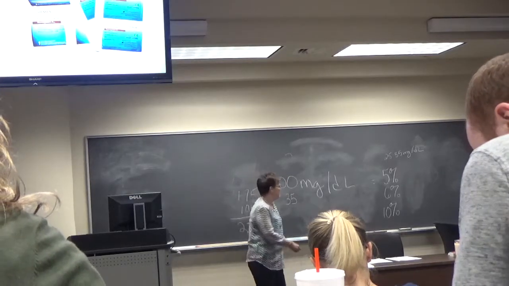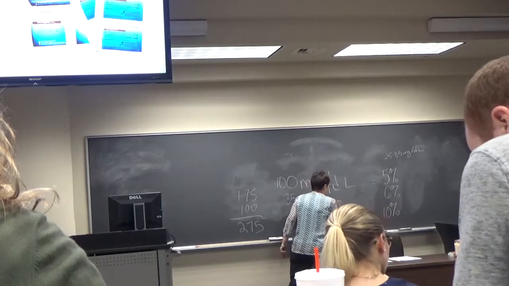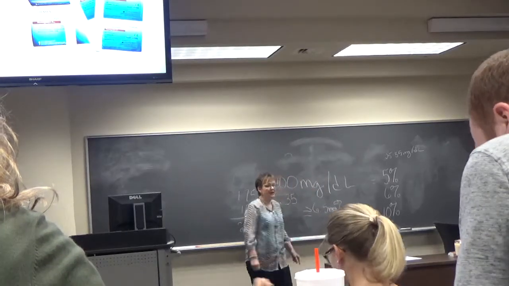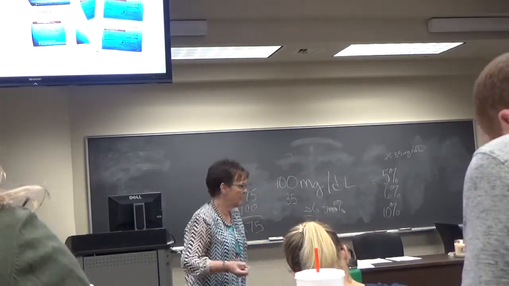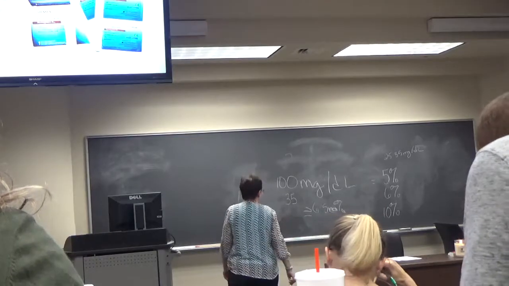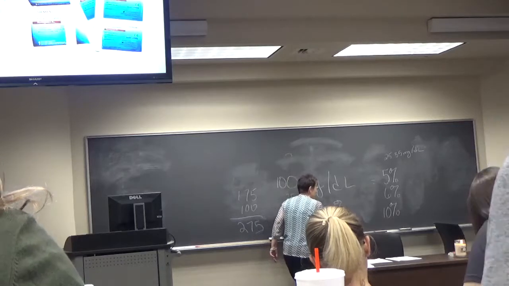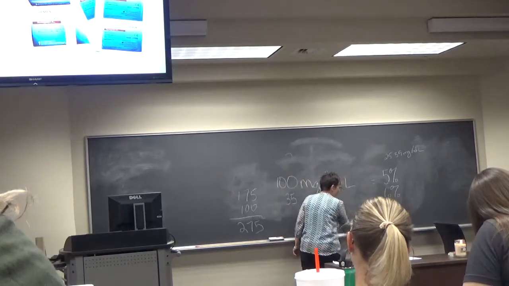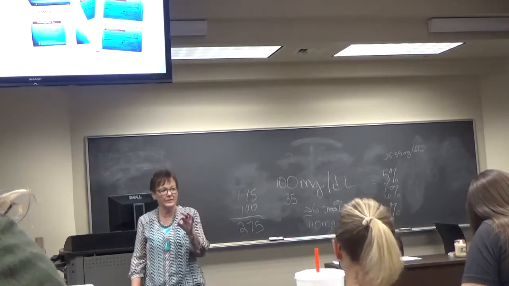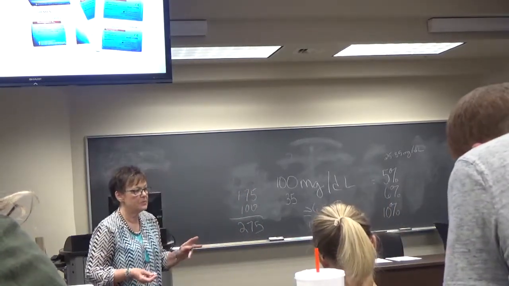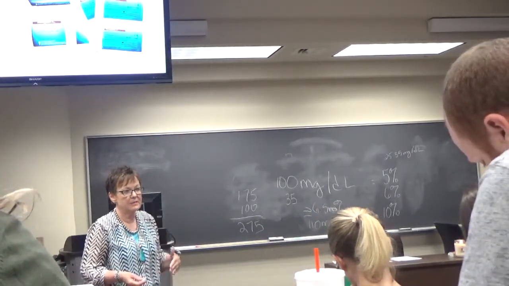So if their A1C is 6.5% or above, that is diabetes. So you come in, you measure their blood sugar, and let's say their fasting is 110. If we went just by their blood sugar, we would call them pre-diabetes. A fasting blood sugar of 100 to 125 is considered pre-diabetes. 126 and above is considered diabetes.